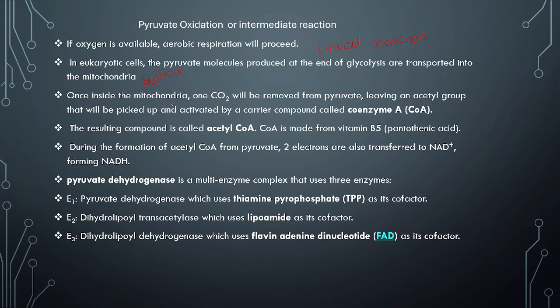Once inside the mitochondria, one carbon dioxide is removed from the pyruvate, leaving an acetyl group that is picked up by the carrier compound called coenzyme A. Removal of carbon dioxide from any compound is called decarboxylation.